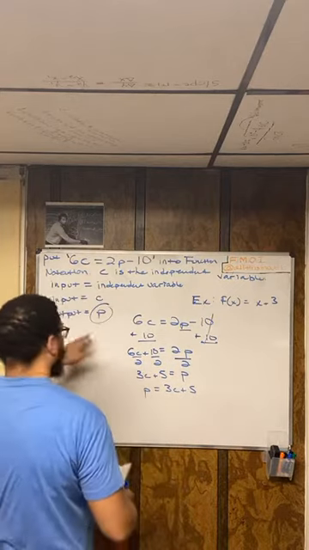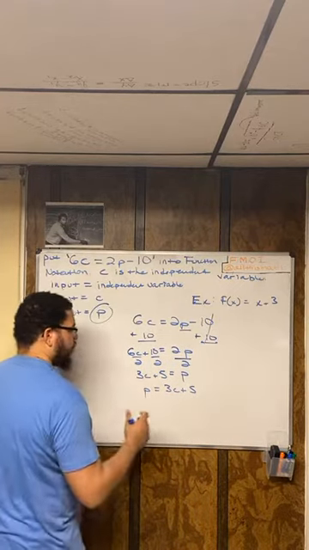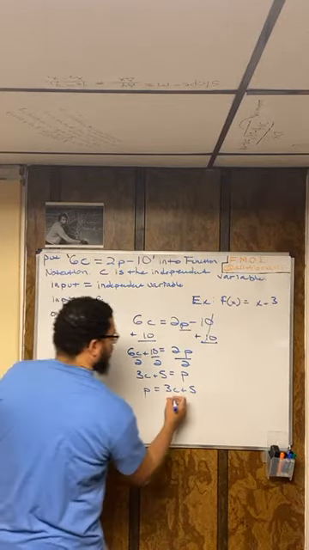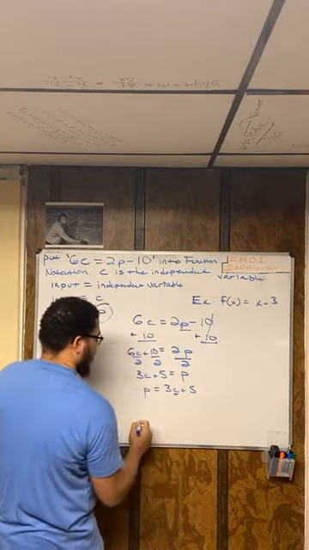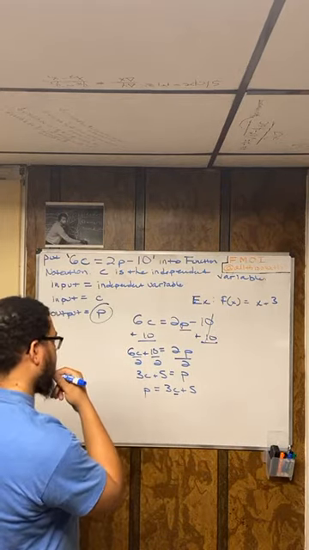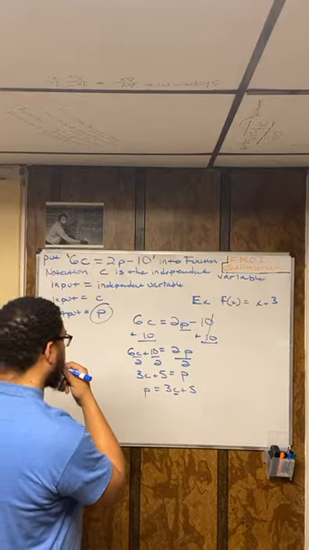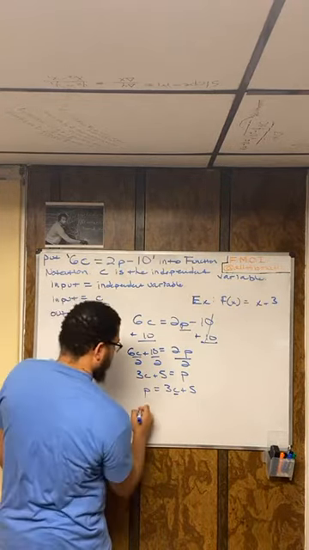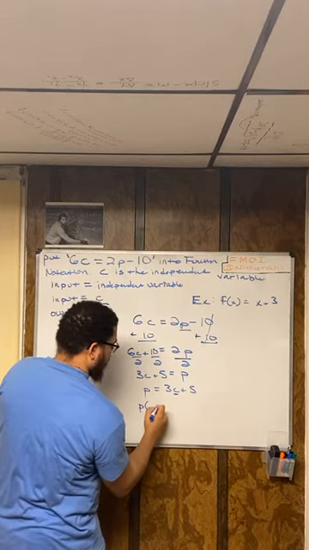Now, function notation. We have the independent variable, or the input, which should be inside the parentheses, right? So let's name this. Let's call this, I don't know, let's call it P. And parentheses.